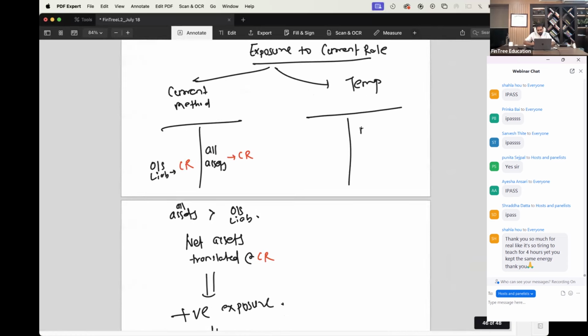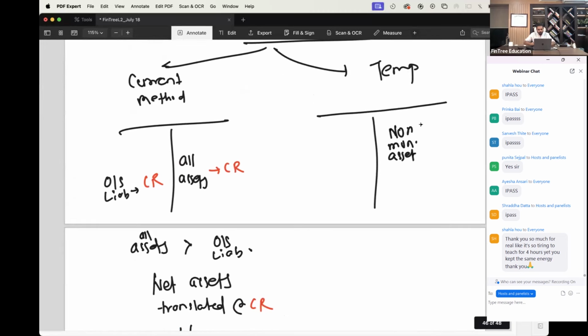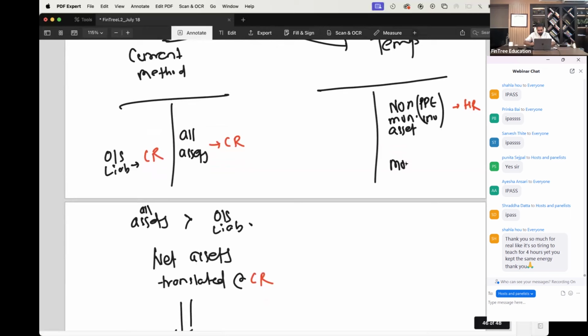Now, under temporal method, on the balance sheet, I will have non-monetary assets. Non-monetary assets are what? PPE and inventory, mostly. These are converted at what rate? Historical rate, correct? Then I will have monetary assets. What are the monetary assets? Cash and accounts receivable. These are converted at what rate?